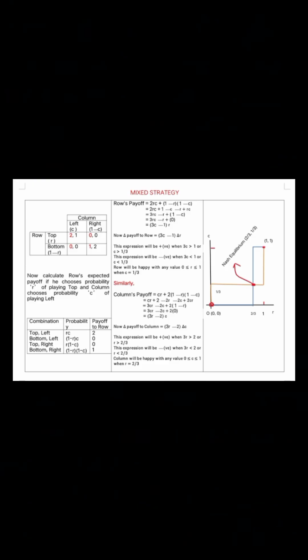Therefore, if you multiply this 1 by 4, or 0.25 probability, to each of the payoffs, then add it all, we'll get row's average payoff as 0. Like that, the column's average payoff will be 1 by 2, that is 0.5.